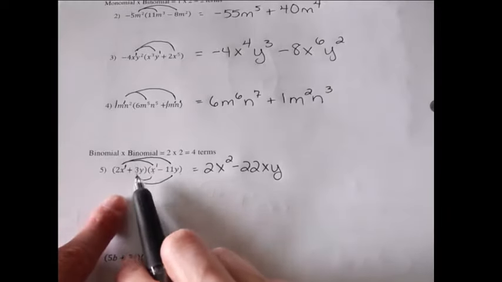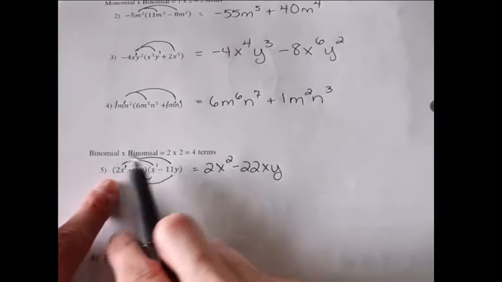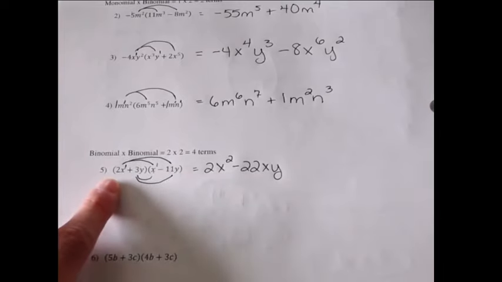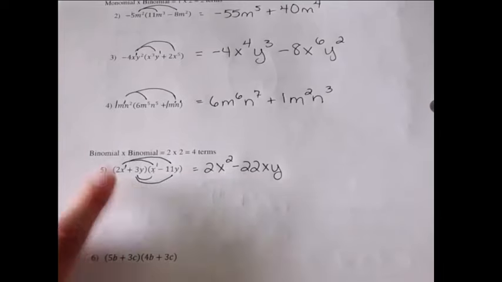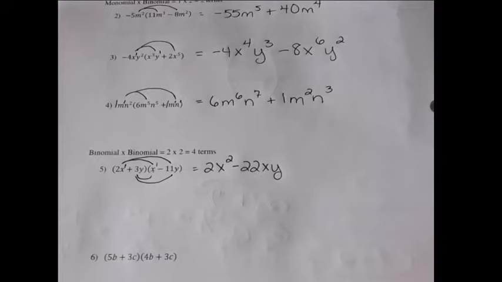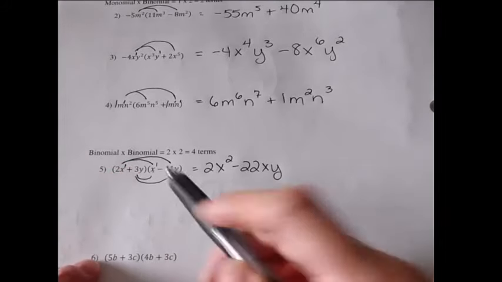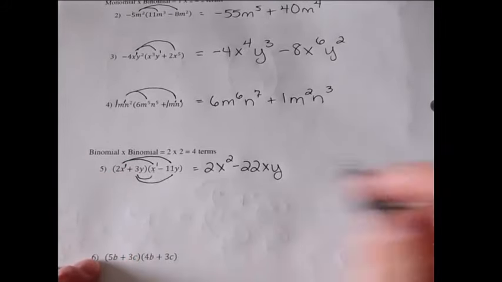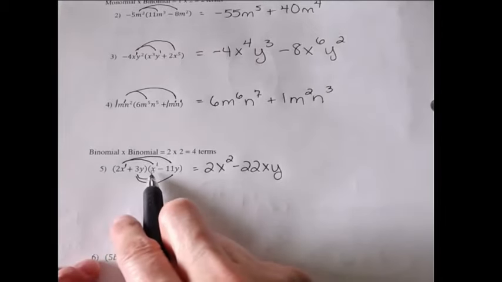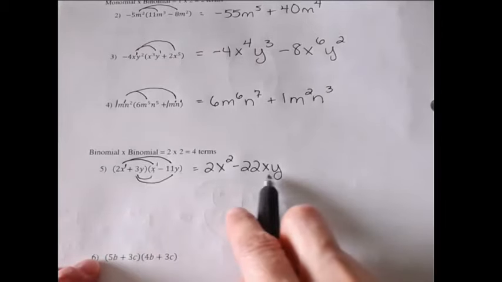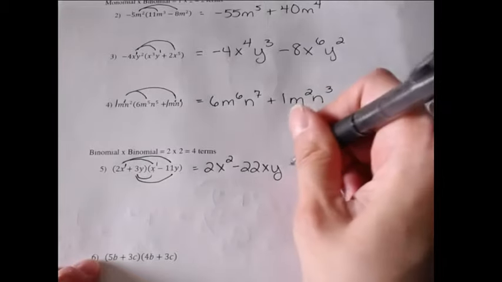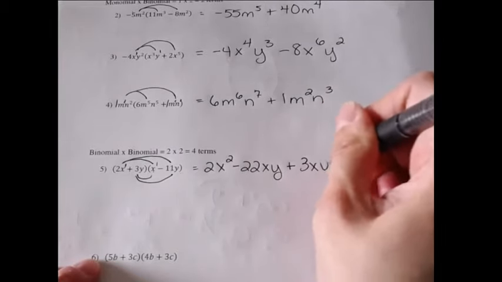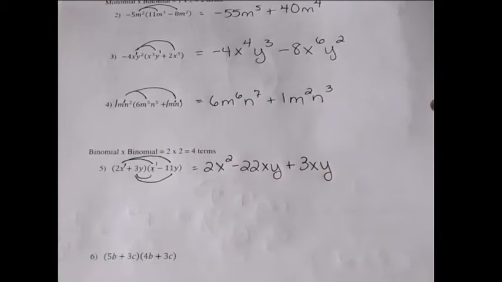Next, we're going to move to the 3y. We finished with the 2x because we distributed to all terms inside the second set of parentheses. So we're done with the 2x. Next, we move to the 3y. So 3y times x, well, that's the same as 3yx, but I want to write it in the same order. So this is going to be plus 3xy, alphabetical order.